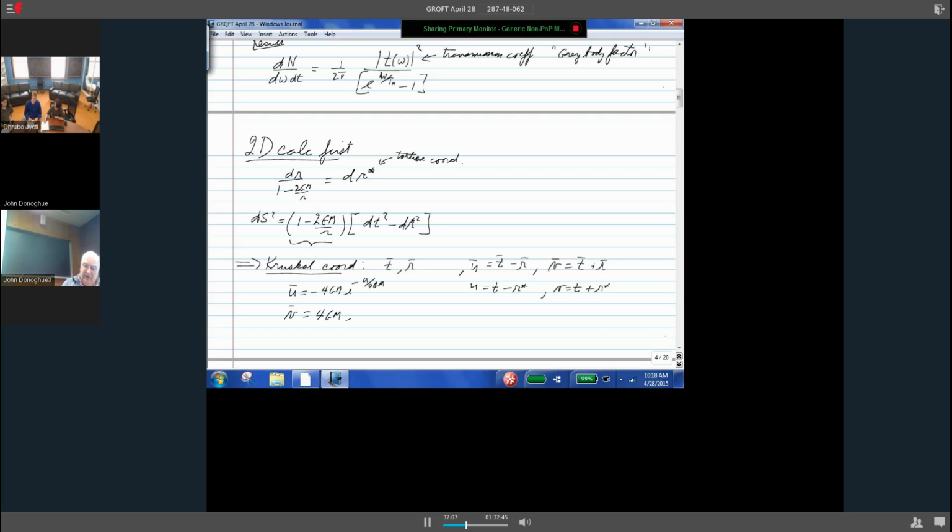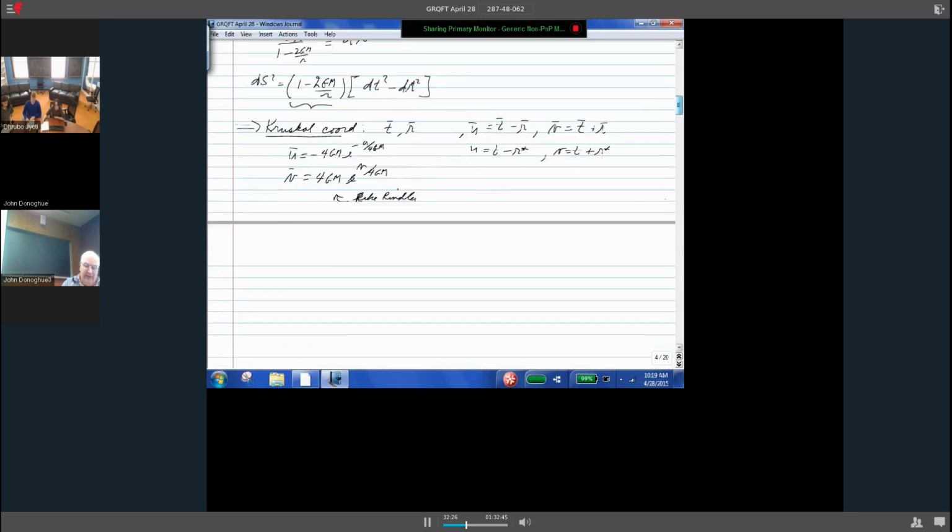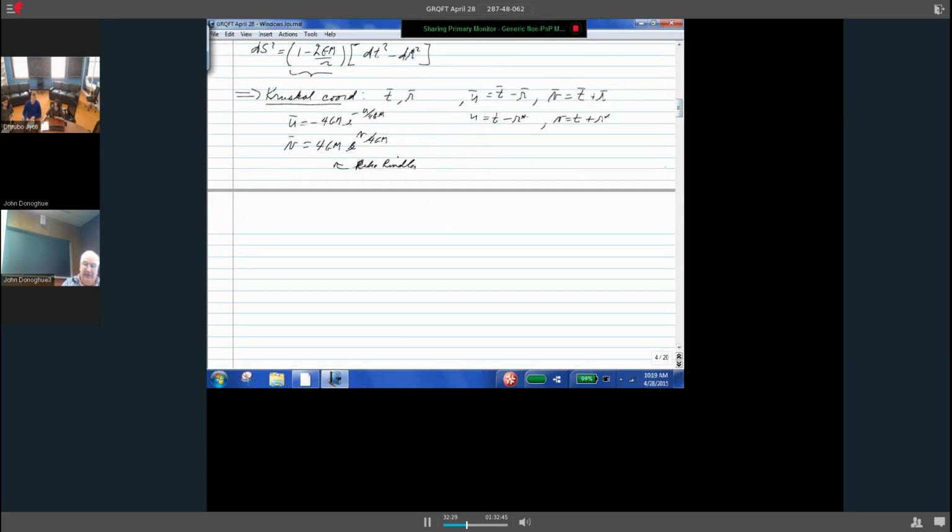then U bar is minus 4GM e to the minus u over 4GM, and u is the original t minus this tortoise coordinate, and v is the original t plus this tortoise coordinate, which goes out at infinity to usual coordinates.